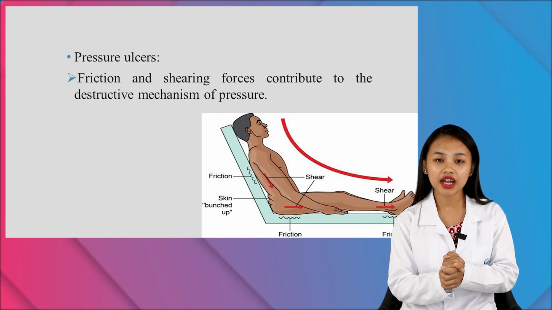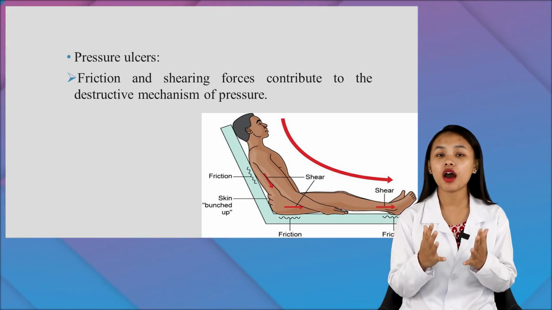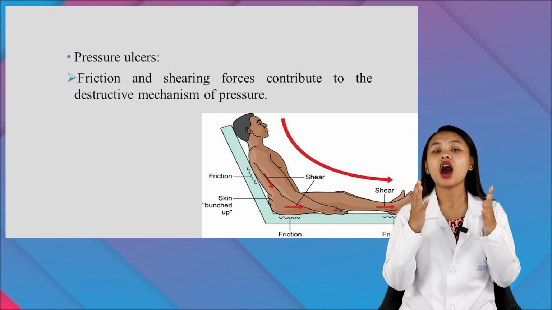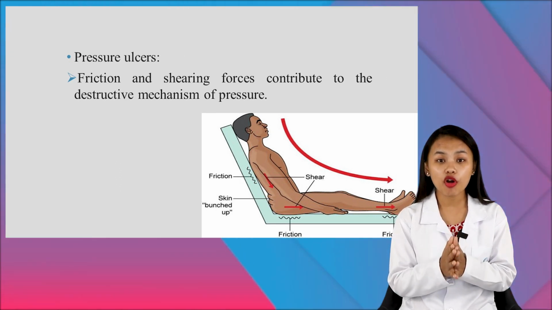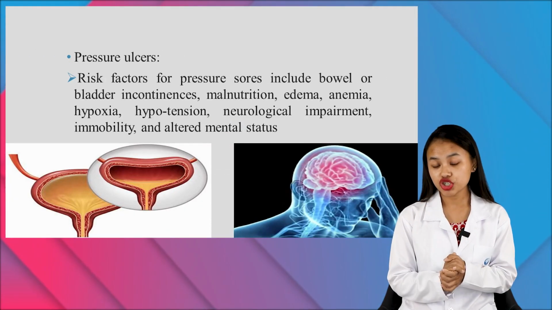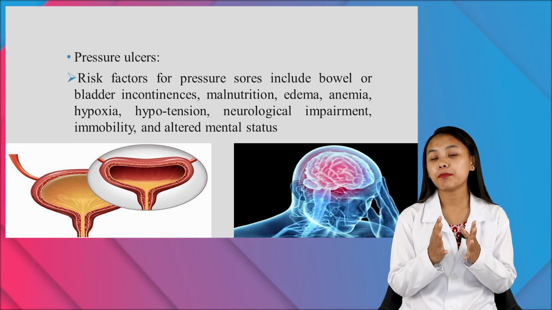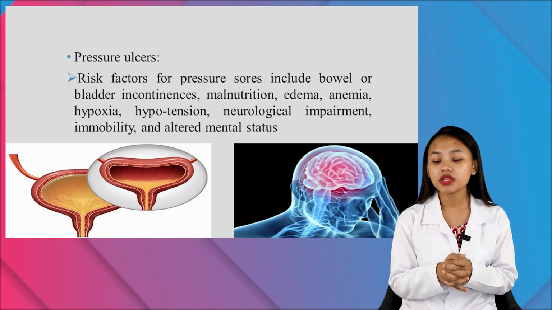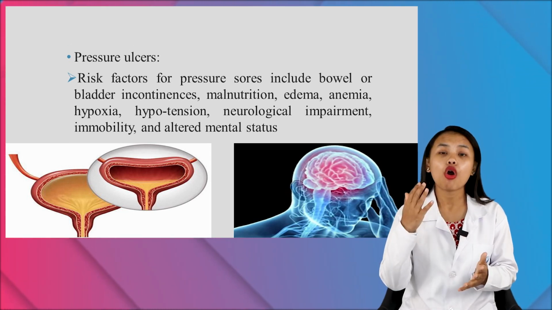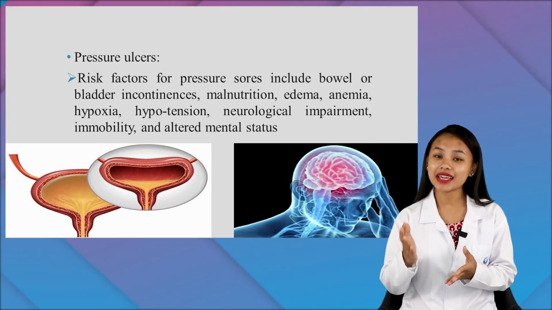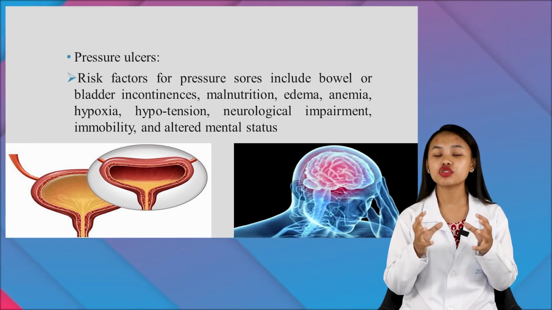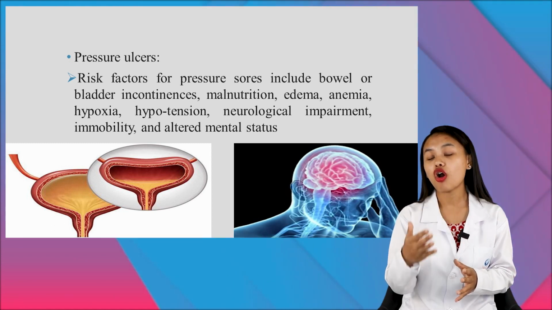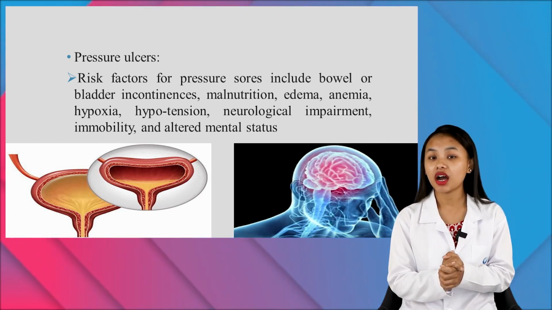Not only that, but bladder and bowel incontinence, hypotension, hypoxia, malnutrition, neurological impairment, immobility, as well as altered mental status can also contribute to the factors of developing the ulcer.